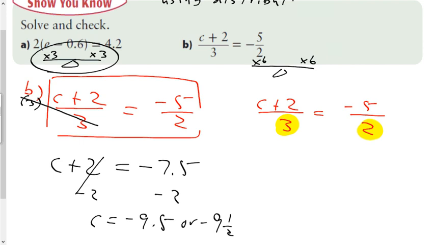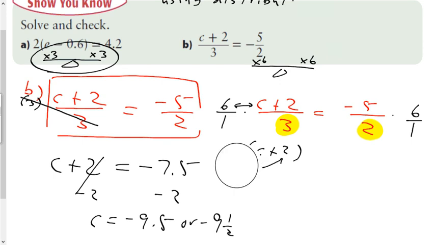Let's watch what happens. If I multiply this side by 6, and I multiply this side by 6, not the term, but the side. If I multiply the numerators, what am I going to get here? 6c plus, not 2, 6c plus 12. Why? Because it's 6 multiplied by c plus 2.